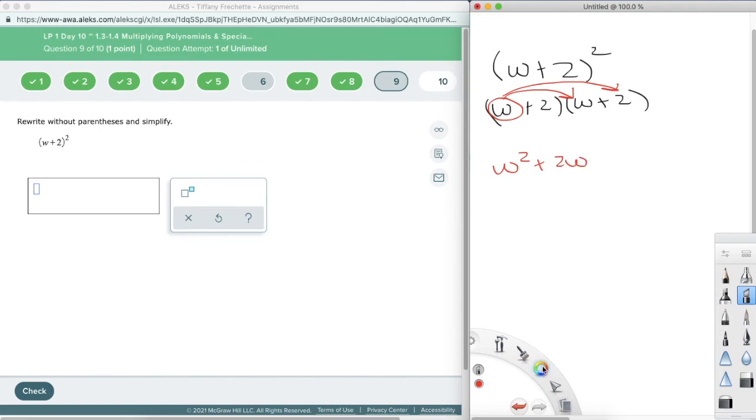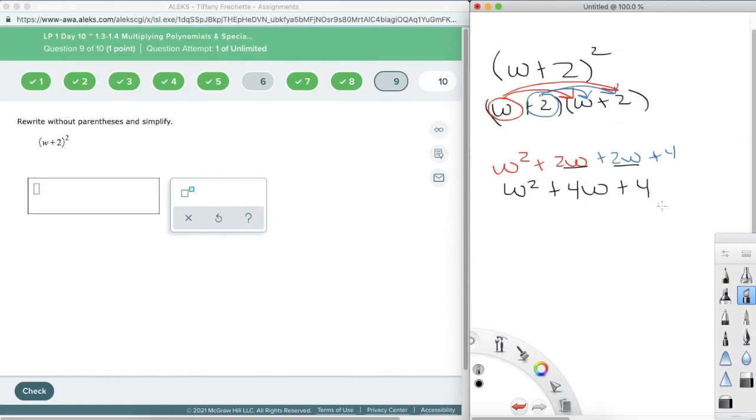And now I'm going to take my 2 and multiply it. So I have plus 2w, and then plus 4. Now I want to add my like terms here in the middle, and I have w squared plus 4w plus 4.